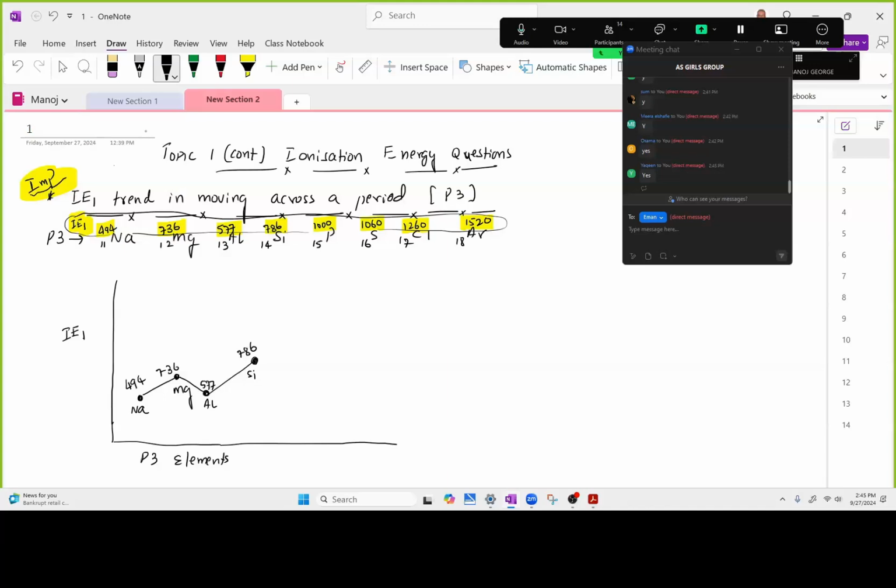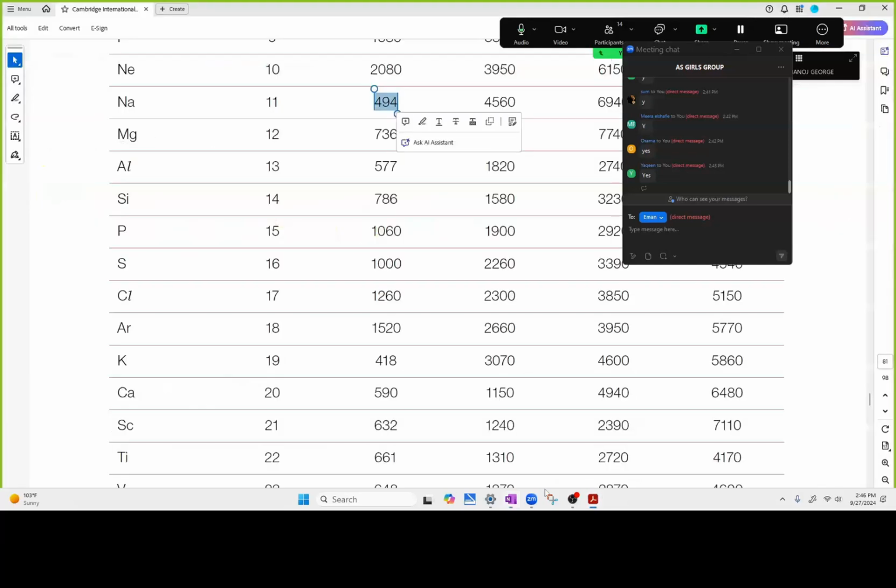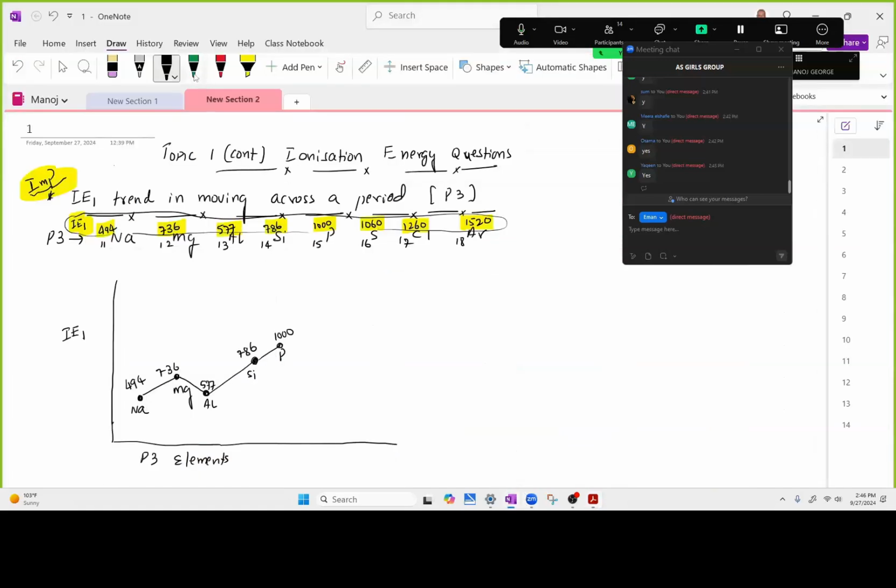We are trying to understand why the graph is like that. After silicon, I see phosphorus is 1000, which means I'm still going up. I'm just putting the number here. This is phosphorus. After phosphorus, sulfur. Okay, I think the numbers are wrong. Phosphorus is 1060. We made a small mistake. Phosphorus is 1060, sulfur is 1000. Guys, can you please check?